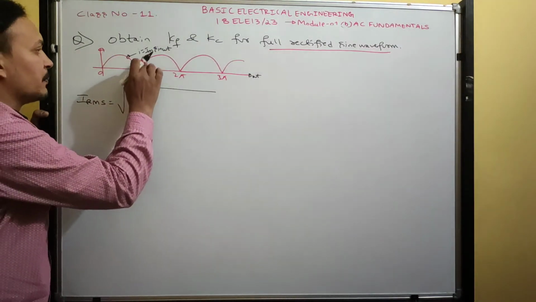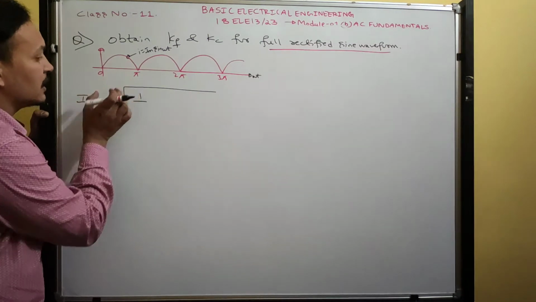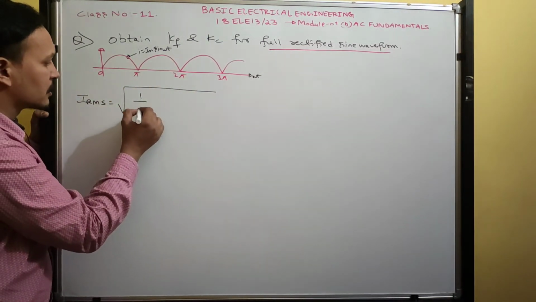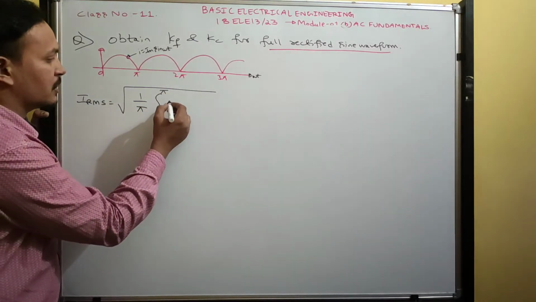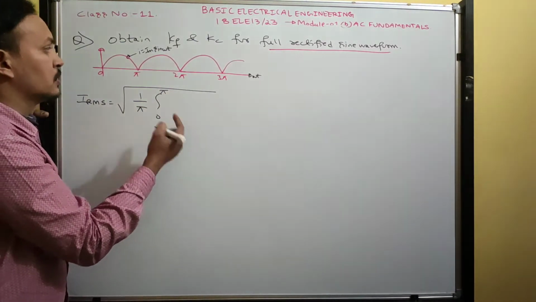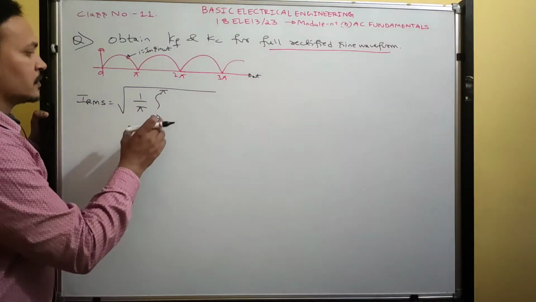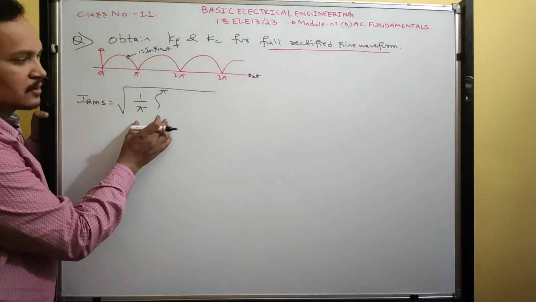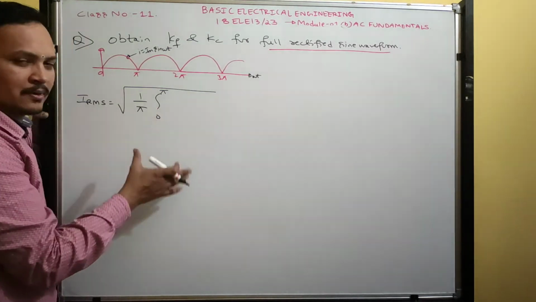The waveform repeats at regular intervals of time. After every pi radians the same thing comes, so you can take the time period as pi, and the integral from 0 to pi of I square d omega t. You can refer to the RMS value derivation of the pure sinusoidal waveform, because I am not writing the standard one, directly writing the equation: 1 by T, 0 to T, I square d omega t. That step I am not writing.